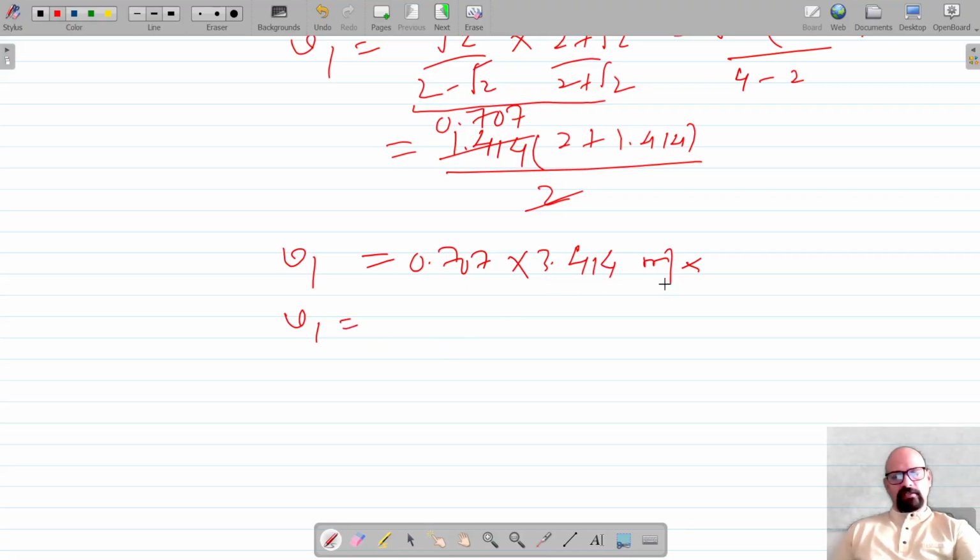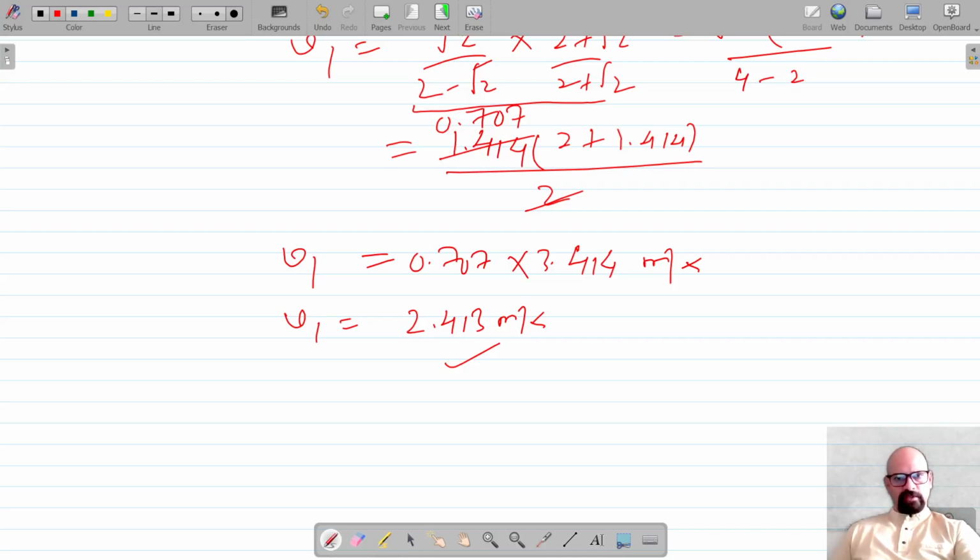And if we multiply this, 0.707 into 3.414 should give me 2.413. So this is 2.413 meter per second, which is the velocity of the man.